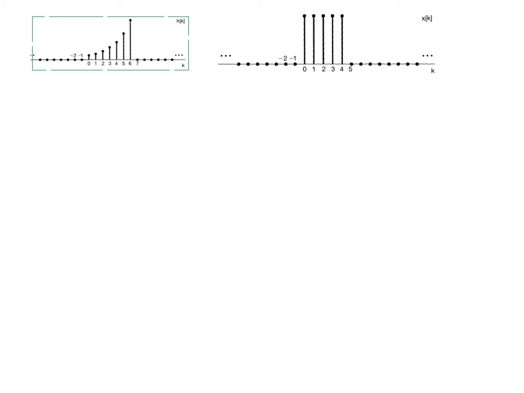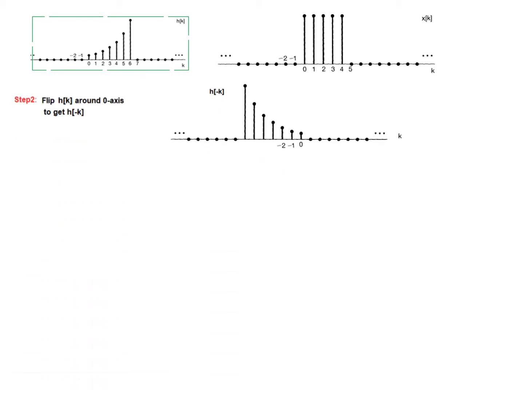The next step is to flip h[k] around the 0 axis. So flip it around the 0 axis, moving it towards the left. We get this signal, and its name now changes to h[-k] because now we have flipped towards the negative side.